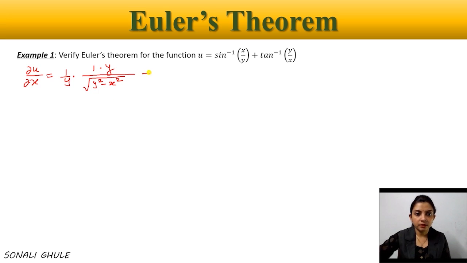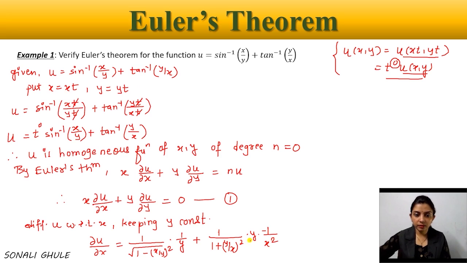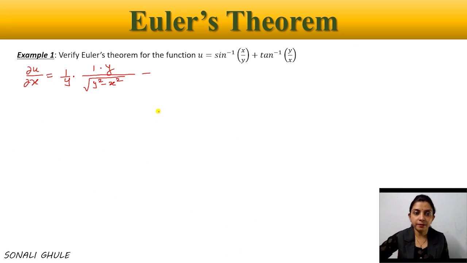Then this term x square plus y square upon x square, and this x square will go in numerator. So I can write here minus x square into y upon x square plus y square into 1 upon x square.